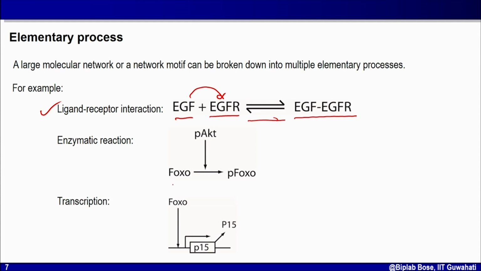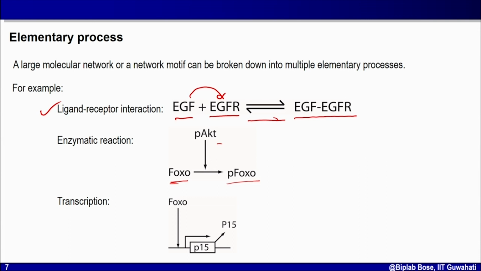Then you can have an elementary process involving enzymes. For example, if you remember the old example that we gave at the very beginning, FOXO becomes phosphorylated by pAKT. So pAKT is the enzyme, a kinase, activated phosphorylated AKT, and it works on the substrate FOXO and phosphorylates it. So this is a unit elementary process.